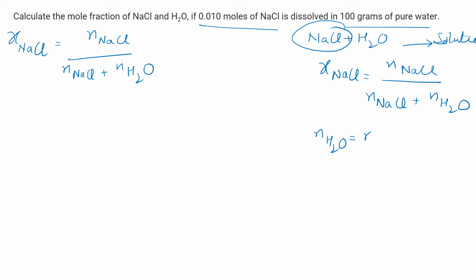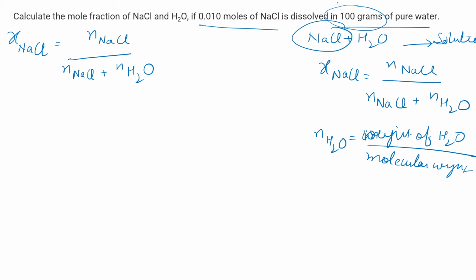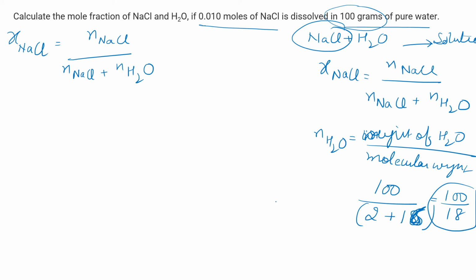It is the weight of H2O divided by molecular weight. They have provided 100 gram. The molecular weight of H2O is 2 hydrogens, plus 16 for oxygen, which is 18. So it will give you 100 divided by 18. This is the moles for H2O.